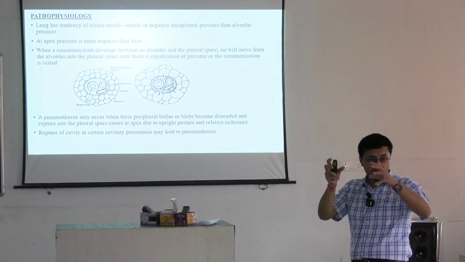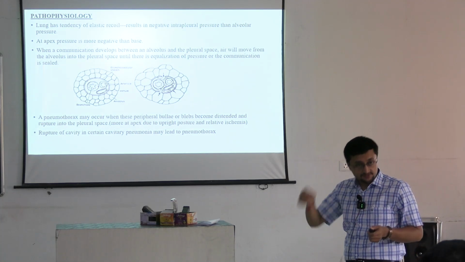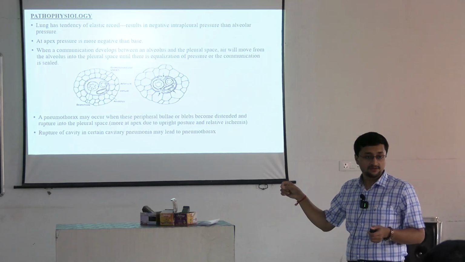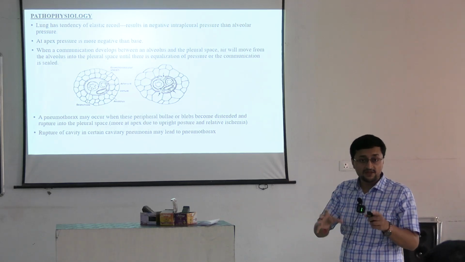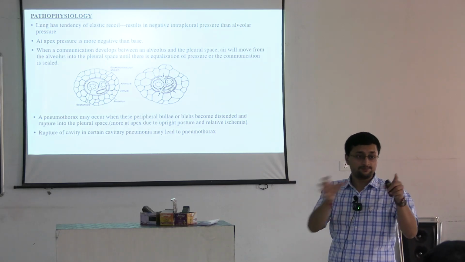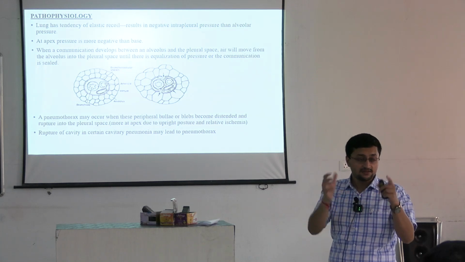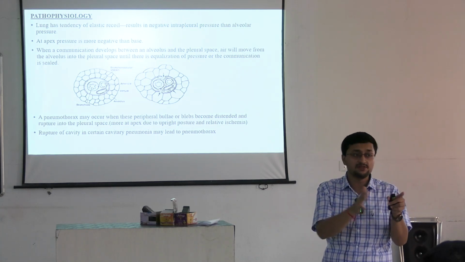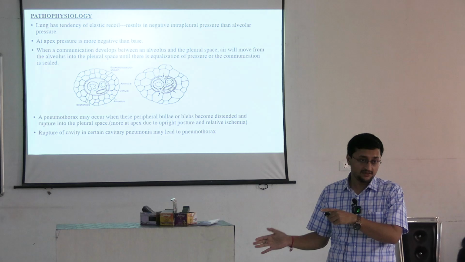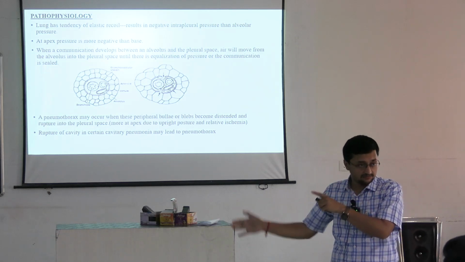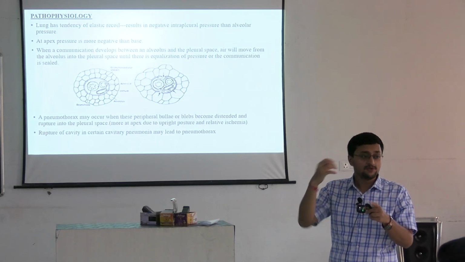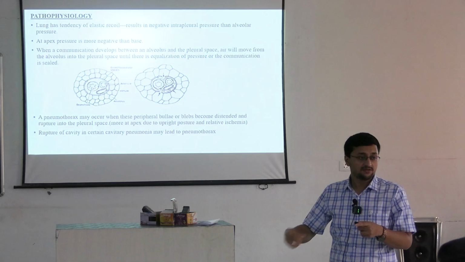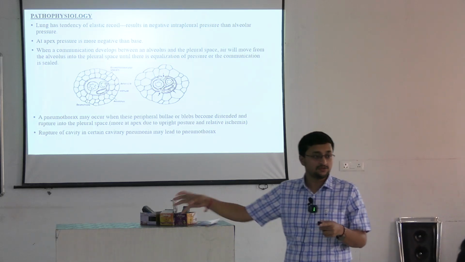So the air from the alveoli leaks into the pleural space until the pressures of the two potential spaces reach equilibrium, right? In equilibrium. So until that time, the air continuously enters into the pleural space.